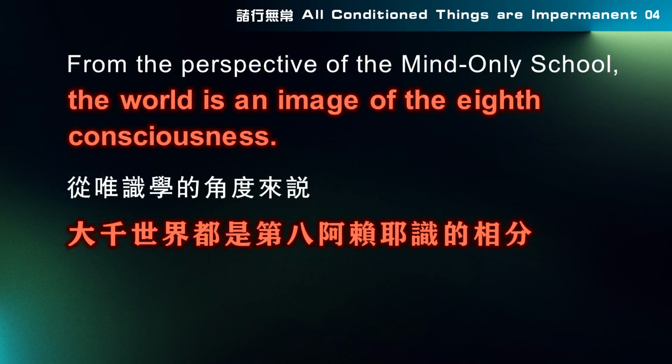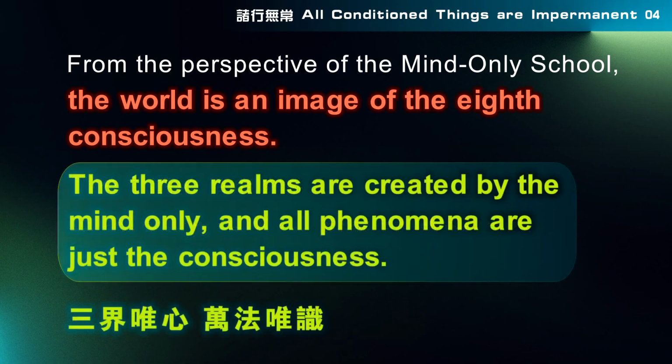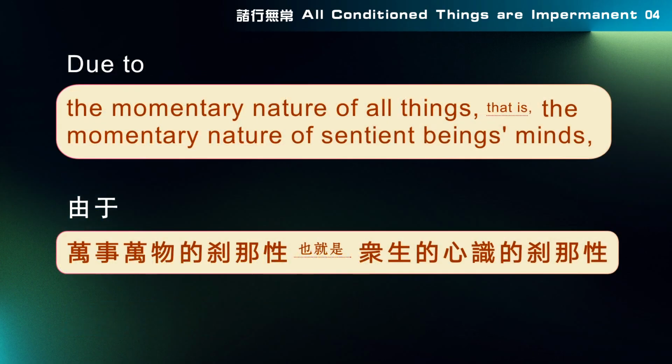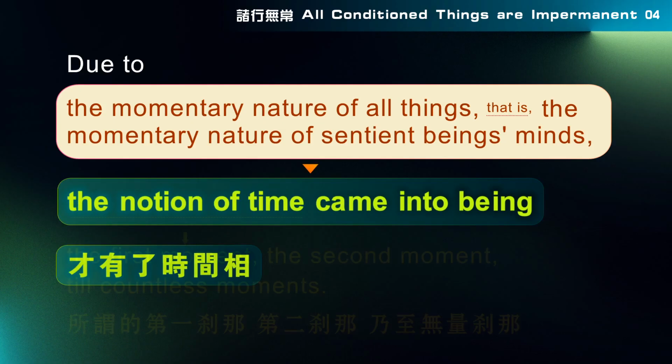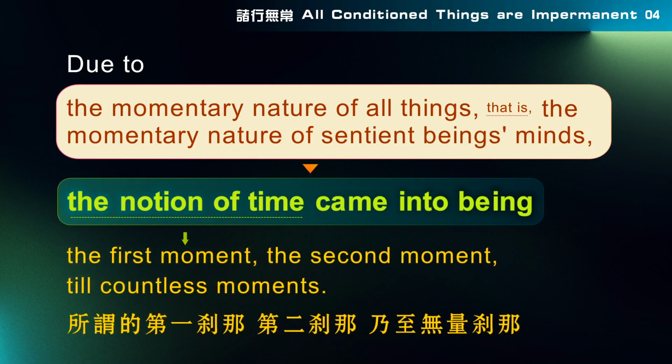From the perspective of the mind-only school, the world is an image of the 8th consciousness. The 3 realms are created by the mind only, and all phenomena are just the consciousness. Due to the momentary nature of all things, that is, the momentary nature of sentient beings' minds, the notion of time came into being, the first moment, the second moment, till countless moments.